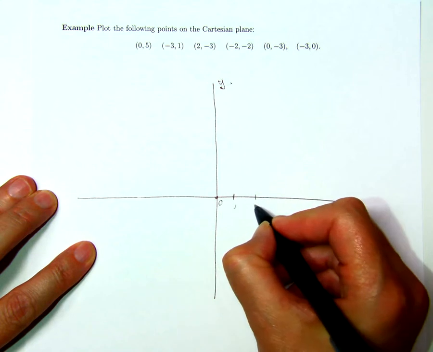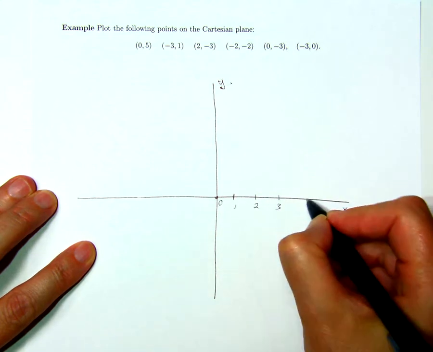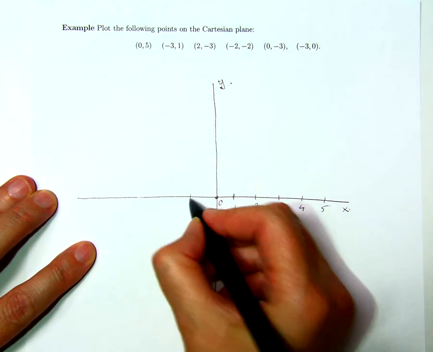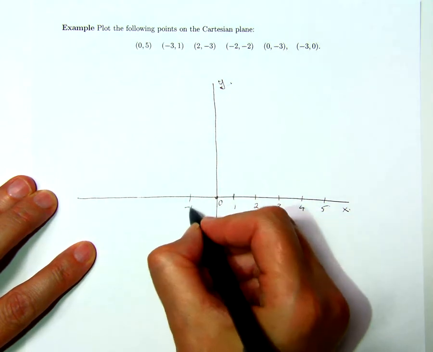And let's call that 1, 2, 3, 4, 5, and then our negative numbers should be to the left of the origin.